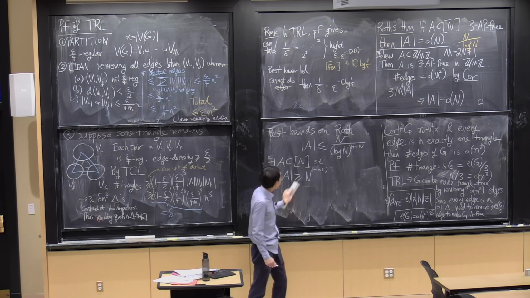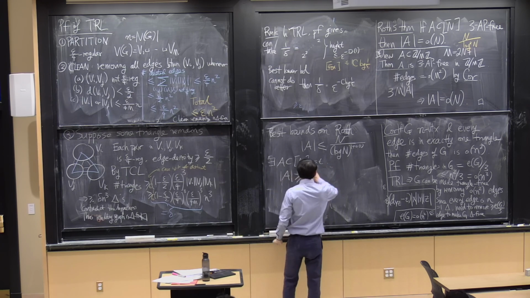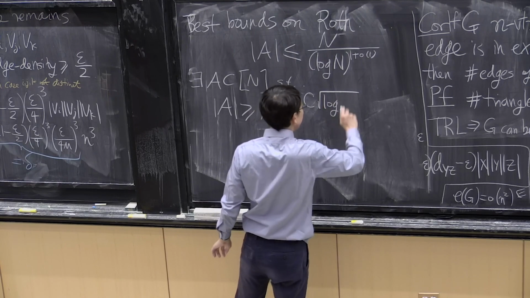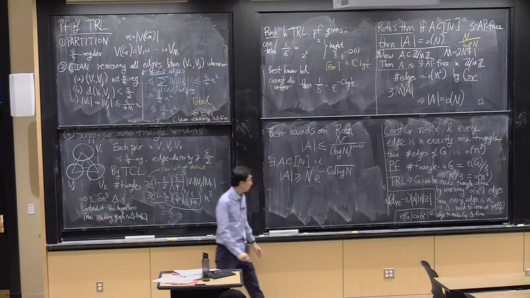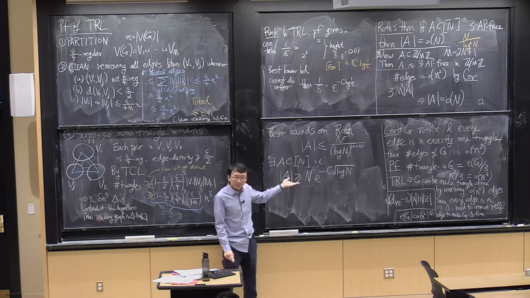Now, the bound that we'll see next time: we'll see a construction which gives you a bound that is of this form. It's maybe a little bit hard to think about how quickly this function grows, but I'll let you think about it.